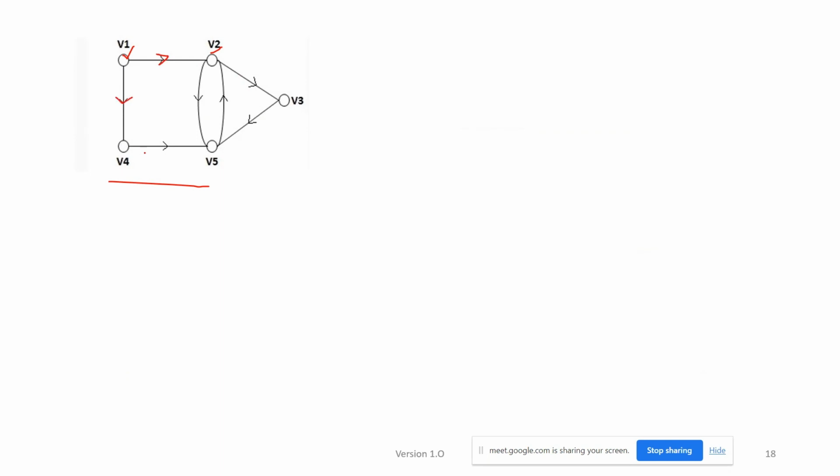In this directed graph, sometimes every edge is given weight values like 10, 5, 3, and so on. Sometimes they are not given any weight values, like this, empty.